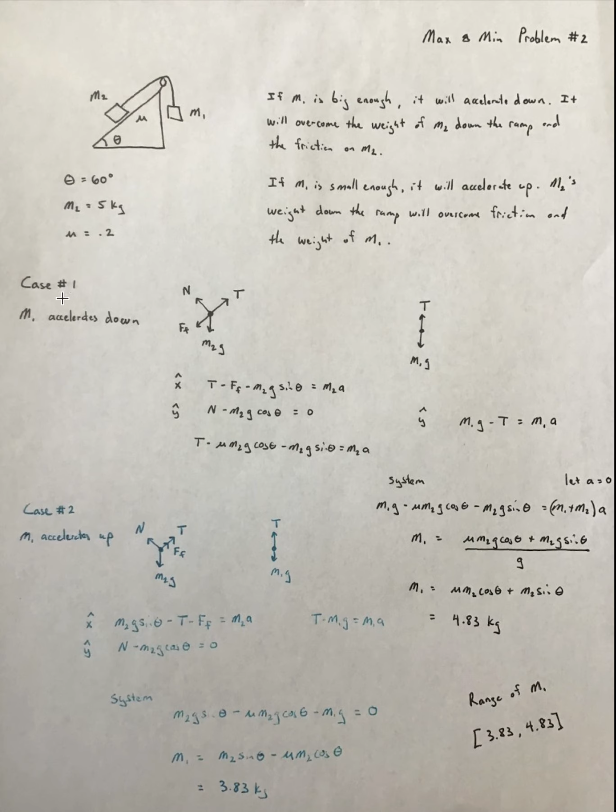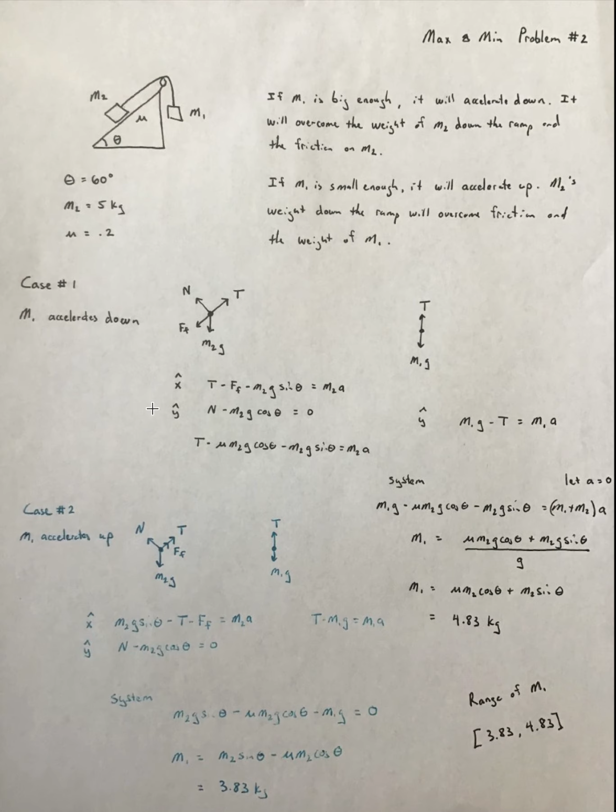So let's look at case number one, where M1 accelerates down, which means M1's weight is big enough to overcome the other forces. Here's the free body diagram on M1 and M2. Tension's up the ramp, friction is down the ramp, the normal force is perpendicular to the surface, so it's pointing up and left on the ramp, and M2g, of course, is down.